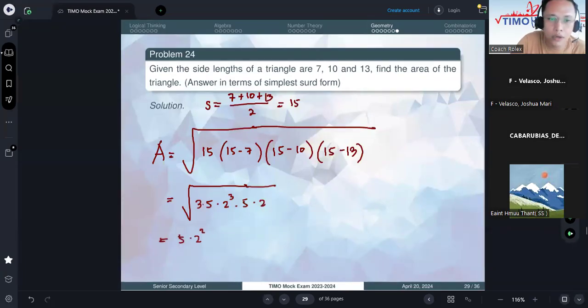No? Then we are left with 3 inside. So 2 squared, that is equal to 20 square root of 3. Okay, so that's the last problem for geometry.